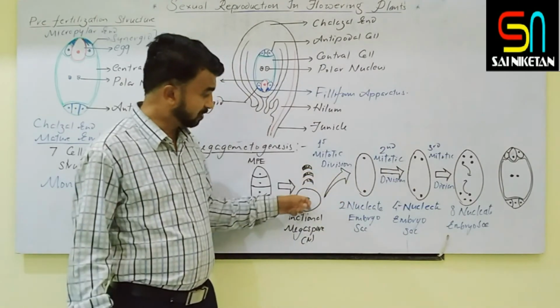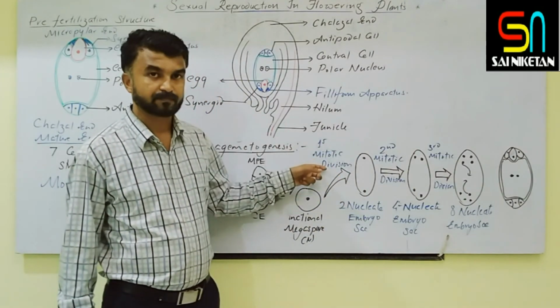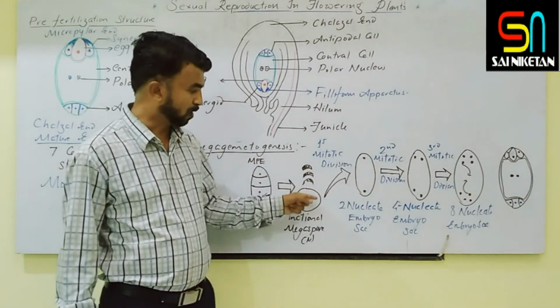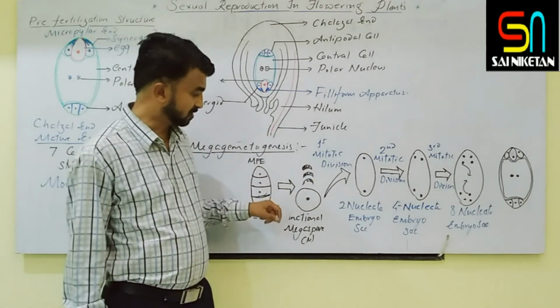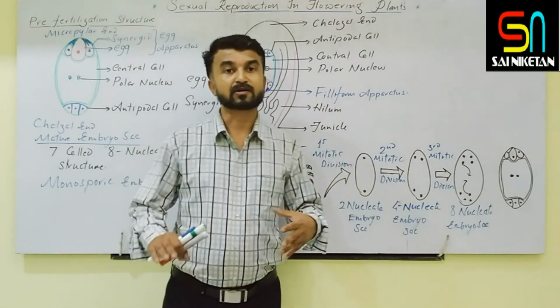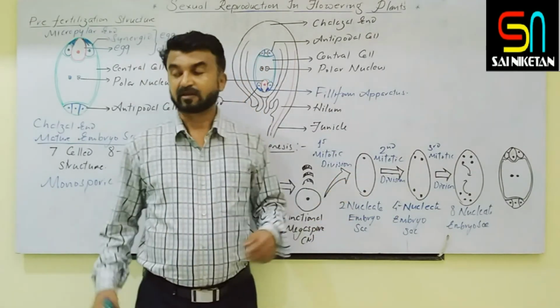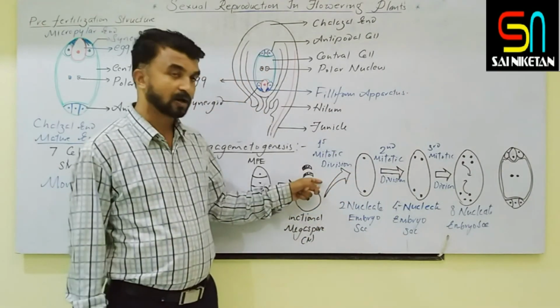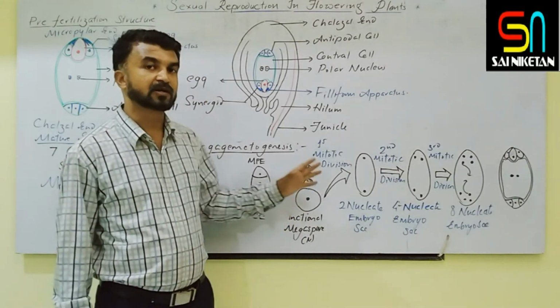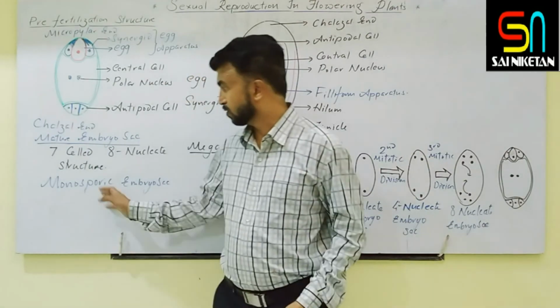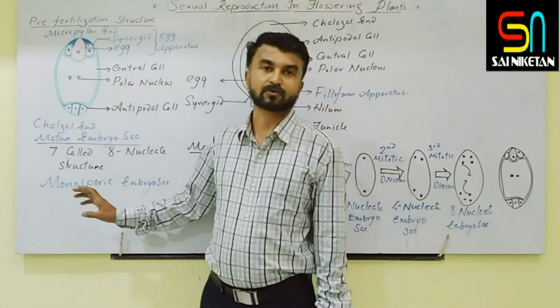Clear? If all these 4 megaspores are involved in the embryo sac formation, such embryo sacs are called tetrasporic. One is monosporic. If 2 are involved, then it is bisporic. If all 4 are involved, then it is tetrasporic. But in most cases a monosporic embryo sac is present.